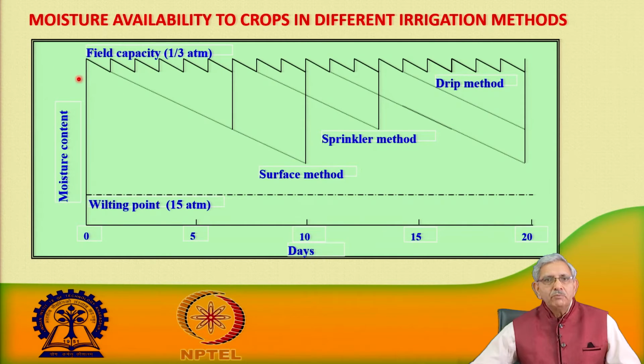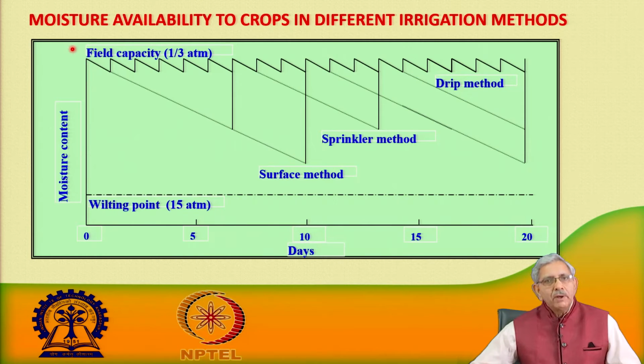The upper limit of soil moisture, at which the moisture content is available to the plant, is field capacity, and the lowest point where plants are not able to withdraw water from the soil is the wilting point. On an average, we give these 2 points in terms of soil water potential: field capacity is at 0.33 bar, and wilting point is at 15 bar.